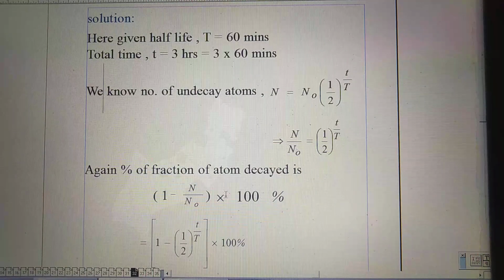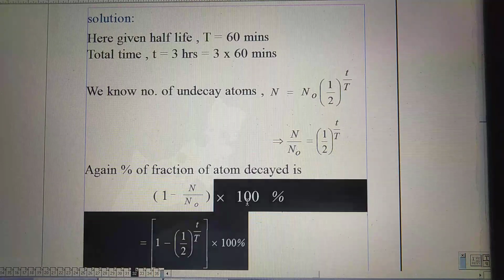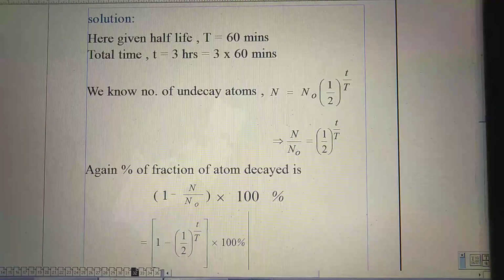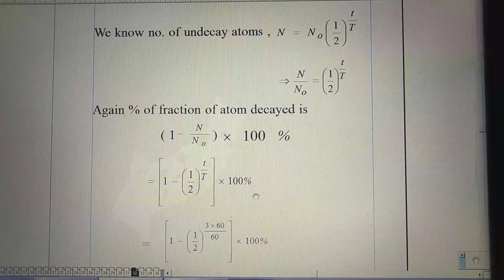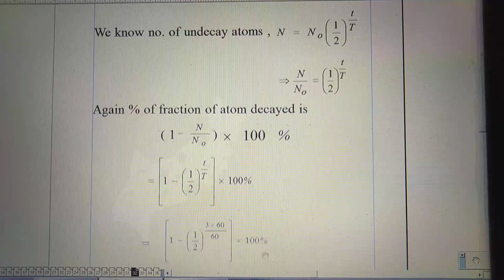So here we have to find out the percentage fraction of atoms decayed. What is the formula? 1 minus N by N naught, into 100%. N by N naught we already calculated, that is 1 by 2 to the power small t by capital T, where t is the total time 3 into 60 and capital T is the half-life 60.